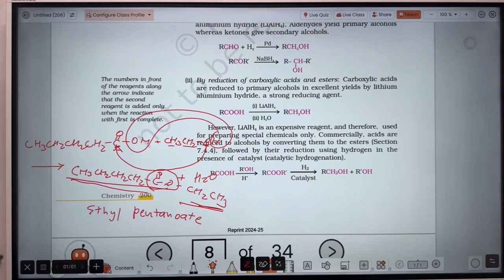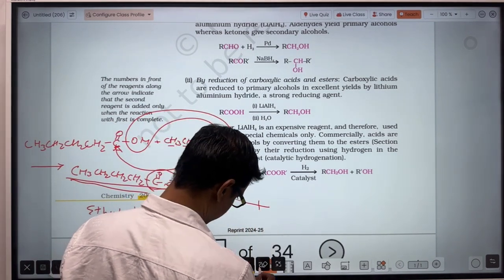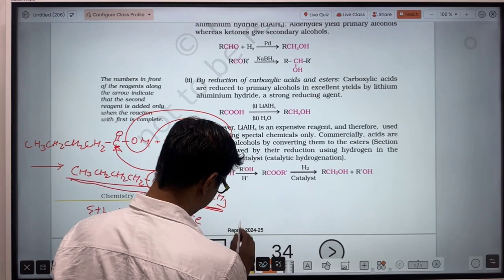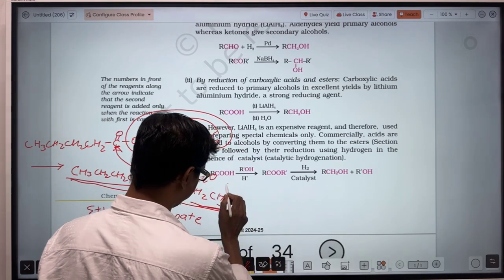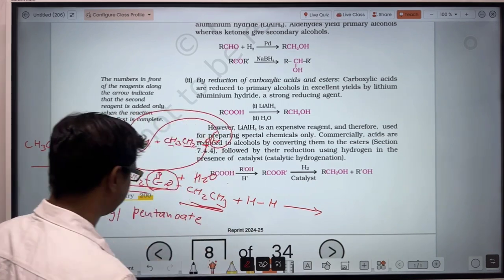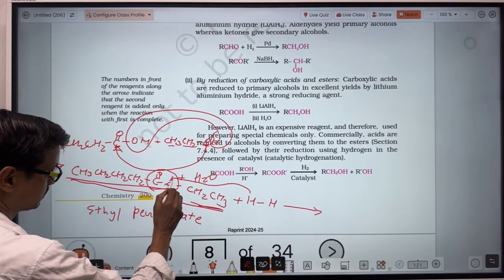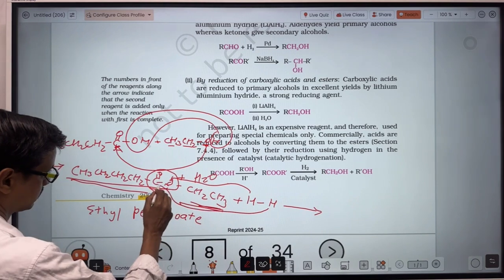So firstly, to prepare alcohol from carboxylic acid economically, we will convert the carboxylic acid into ester, and then after that we will pass hydrogen. So hydrogen we will provide here, this side. So what happens when we provide hydrogen? One hydrogen will bond to this oxygen and one hydrogen to this carbon.